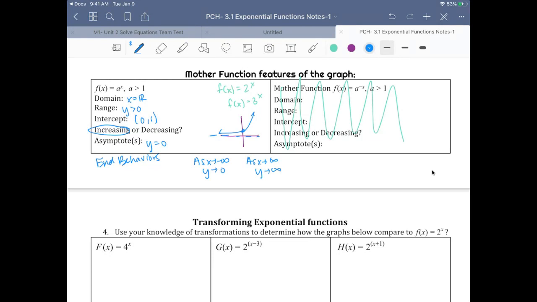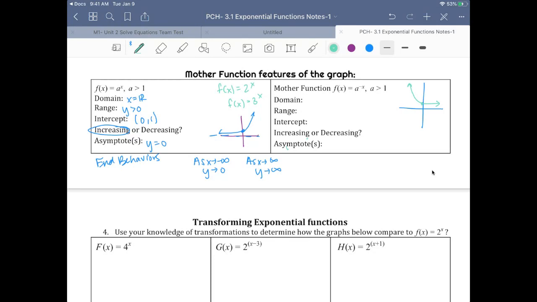Okay, so just think about this for a second. If we have the function a to the negative x, what's going to happen to the graph? It is going to switch horizontally, so reflect horizontally, so it looks like this. So what's going to happen to each one of our features? Might as well go over this.